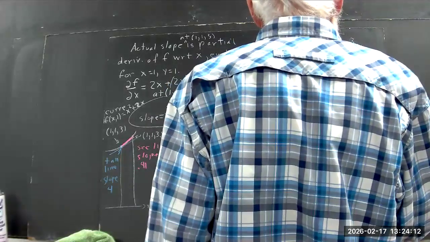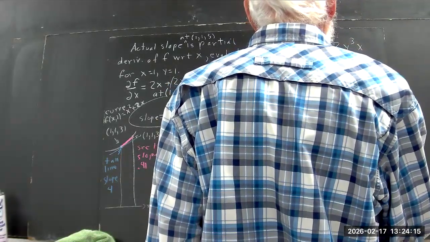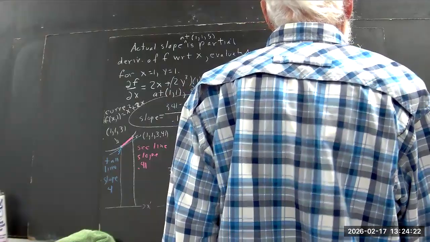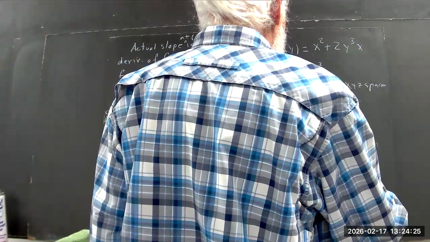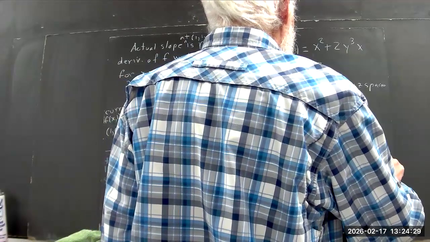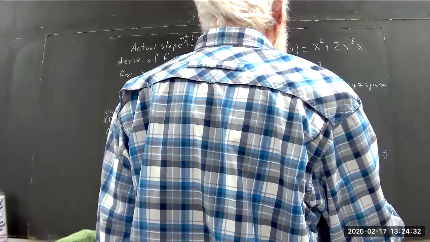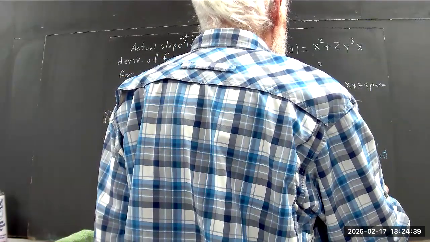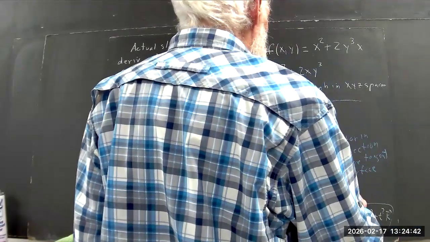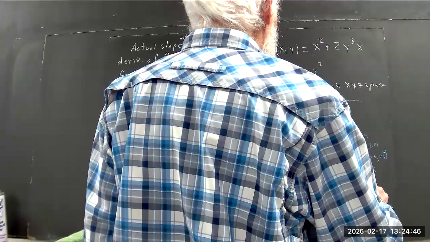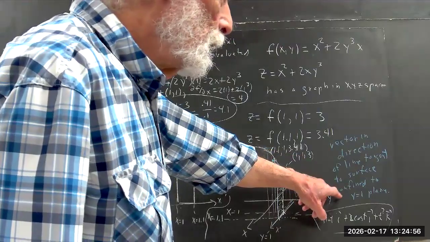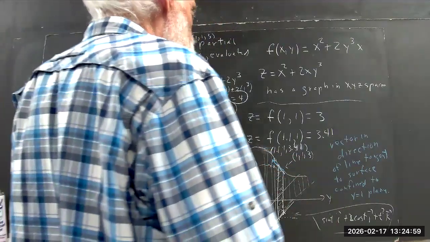So we want a vector in the direction of the line tangent to the surface, confined to the one point y equals 1 plane.